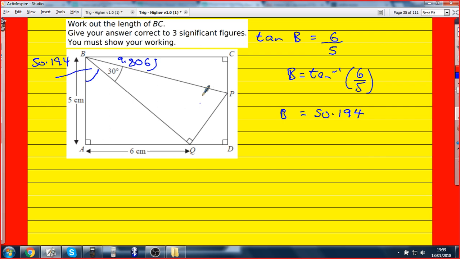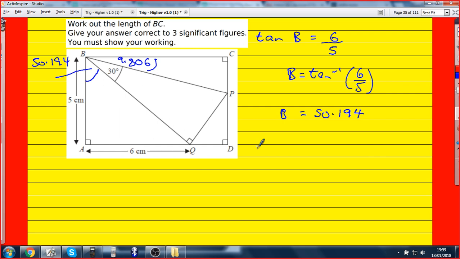Okay, so is there any way we can find one of the sides? You can find BP. How? I don't know. We could find BP by first finding one of the sides in this triangle. So if you found out BQ, how do you get BQ?